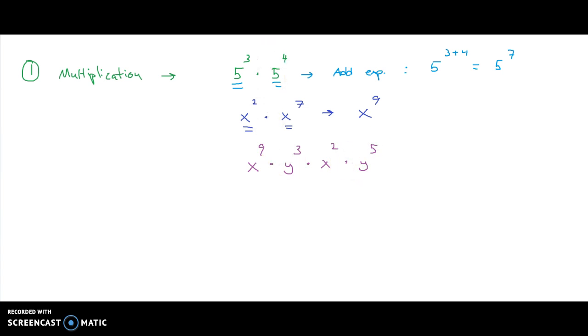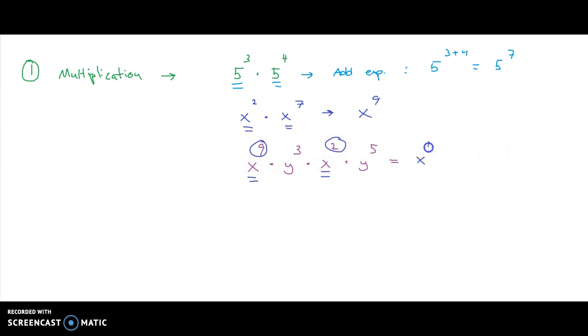Well, in this case, the rule is, if you're multiplying things and they have exponents, if the bases are the same, we can add the exponents. Well, x and y are not the same base, so I cannot add the x and y exponents here. But notice I have an x in there as well. So the x's can add together, so that would get me to x to the 9 plus 2, right? So I have a 2 here and a 9 there.